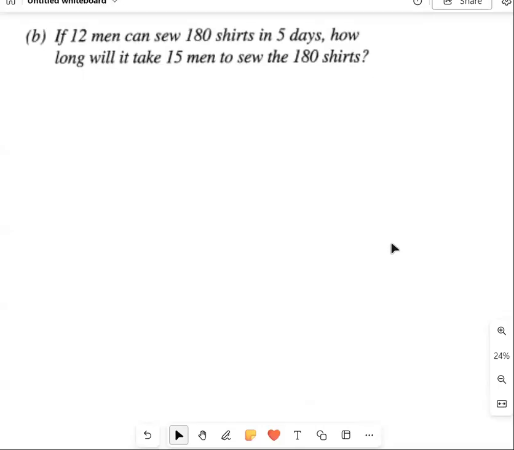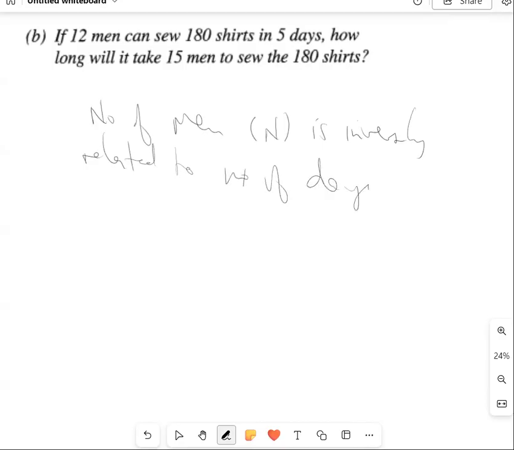When there's an inverse relationship existing, let's say the number of men, let's call it n, is inversely related to the number of days, we call it D.